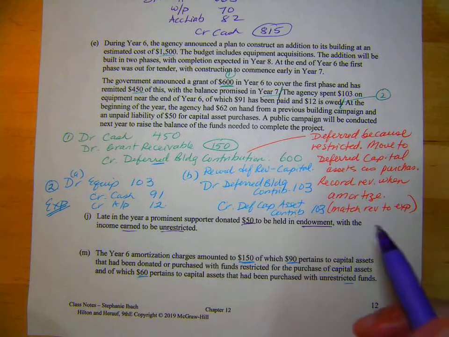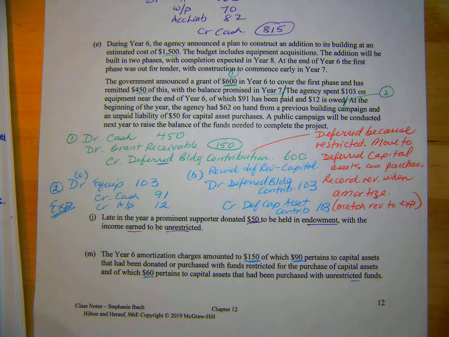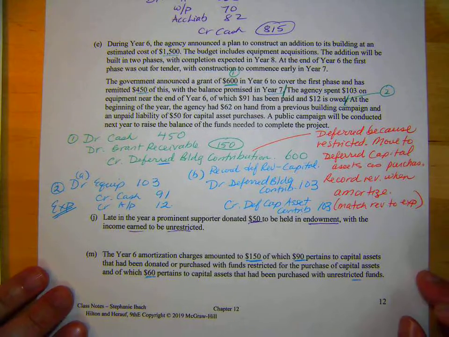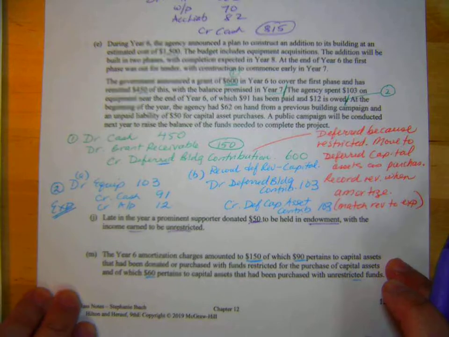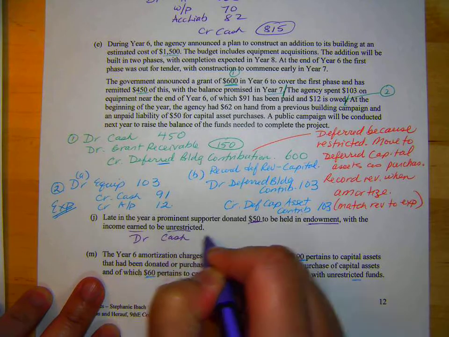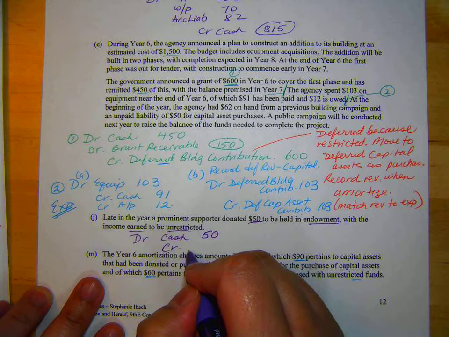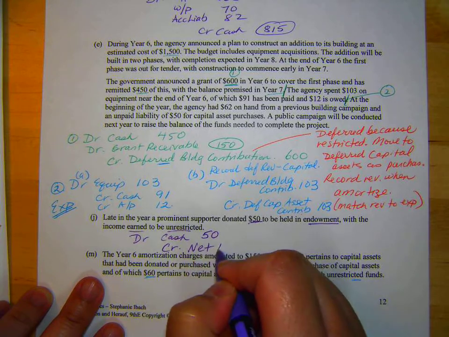Now, remember, a few pages ago, I said endowments for deferral method are never recognized as revenue because you can never touch them. You can't use them. So we will debit cash for 50. Sorry, you have to squish it in, and credit our net assets.